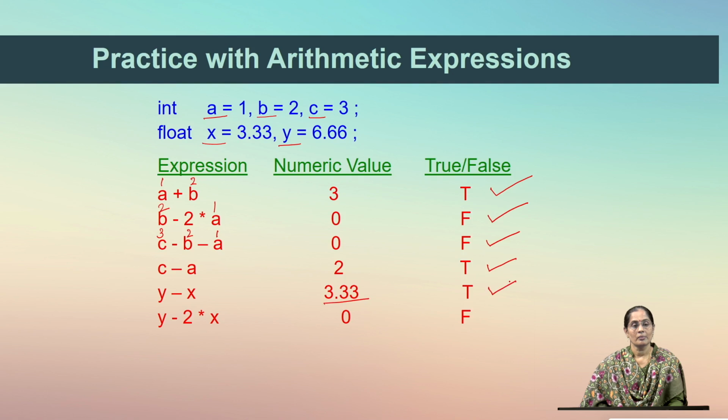Then y minus 2 into x: y is 6.66 and x is 3.33, so on multiplying by 2 we get 6.66. So it is 6.66 minus 6.66, the output will be 0, hence the interpretation is false.